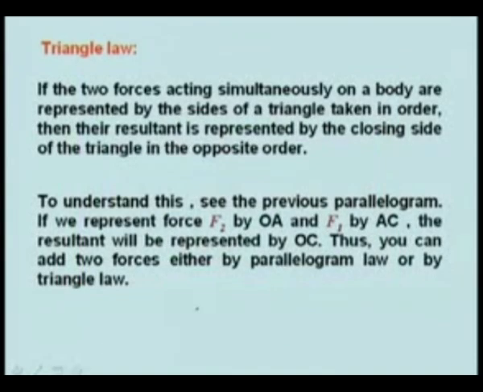Like the parallelogram law, there is a triangle law. If two forces acting simultaneously on a body are represented by the sides of a triangle taken in order, then their resultant is represented by the closing side of the triangle in the opposite direction.